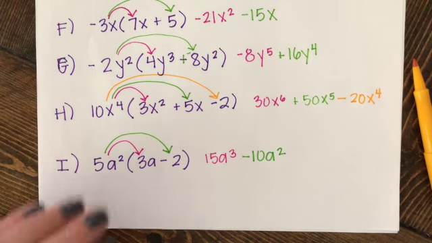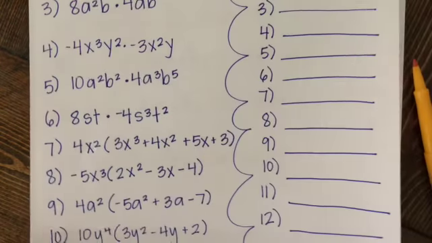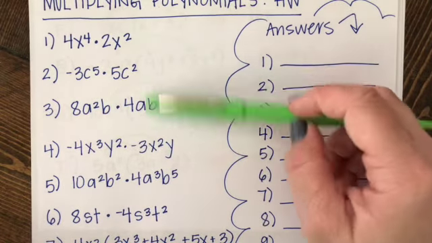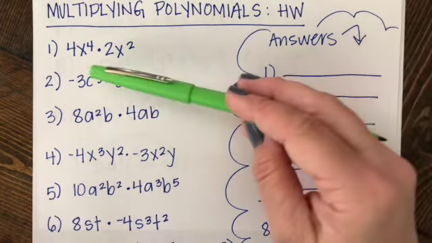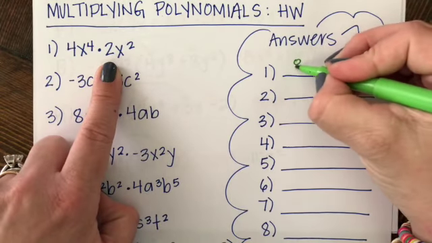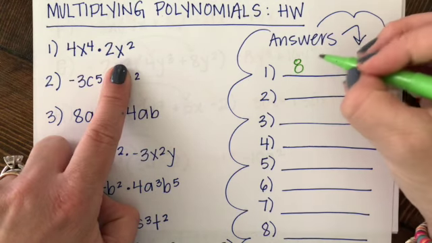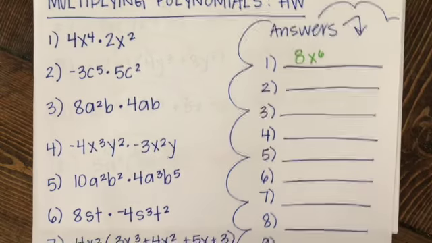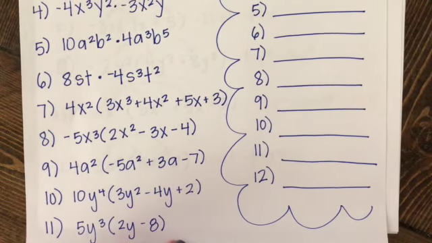For your homework today, it's the exact same process. The first 6 are just like the top section of your notes. So you would do 4 times 2 is 8, x to the 4th times x squared is x to the 6th. On number 7, we start with the distributive property.